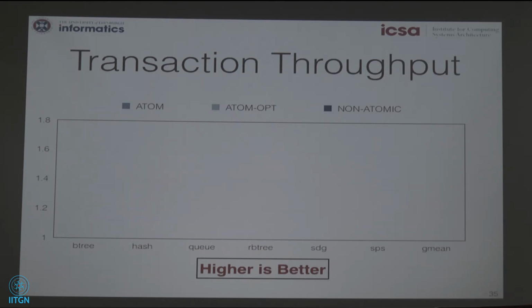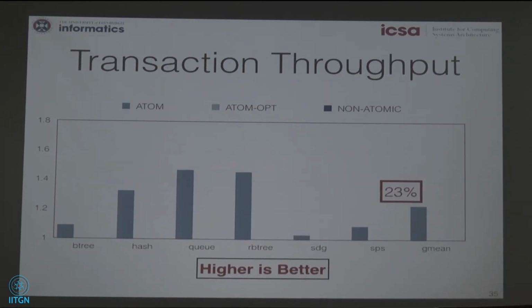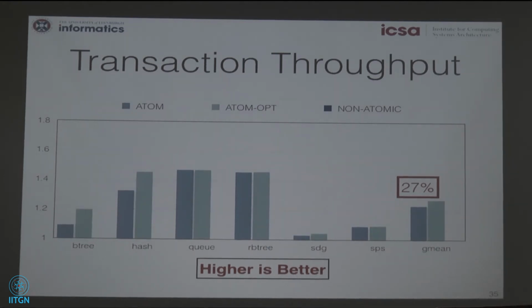So with Atom, which has posted log writes, we achieve an average performance improvement of 23%, and with Atom opt, we achieve a performance improvement of 27%. Again, the improvement of Atom opt will essentially depend on how many store misses you have while you're executing your atomically durable update.